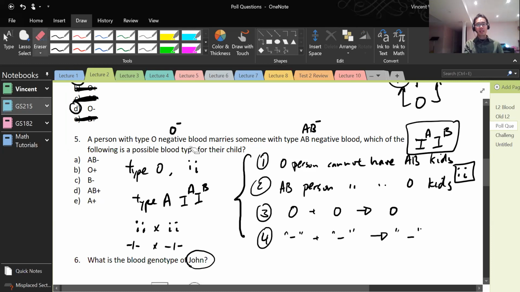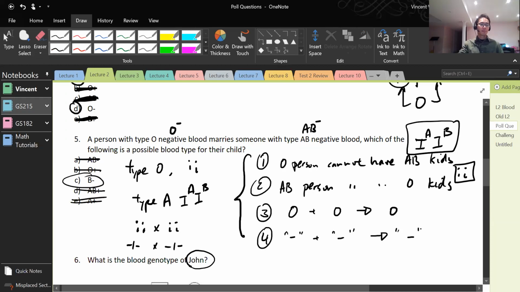So based on these statements, one of the persons is type O, so automatically I cross out all the AB answers. It's not possible for a type O person to have an AB kid. The other person is AB, so I cross out everybody who's type O. They're both negative, so not this one.